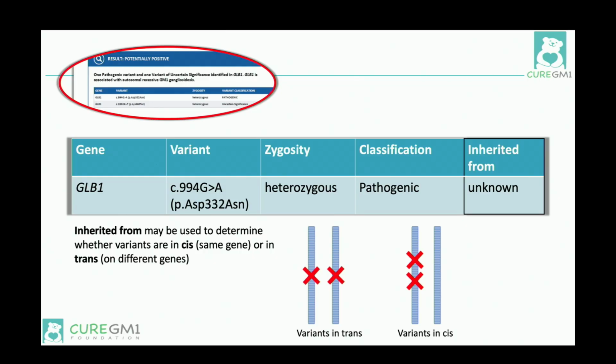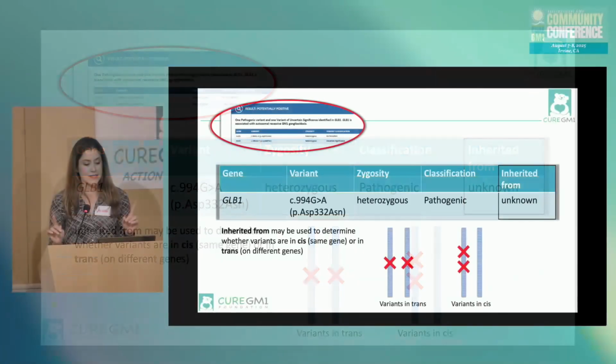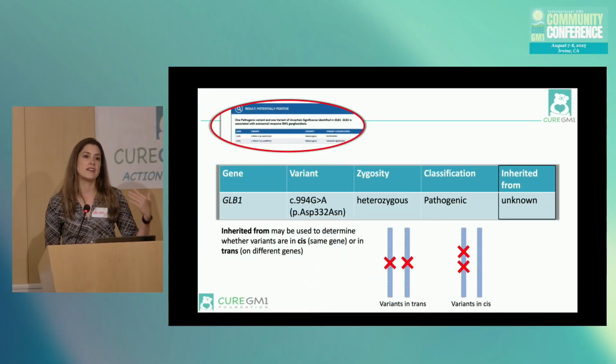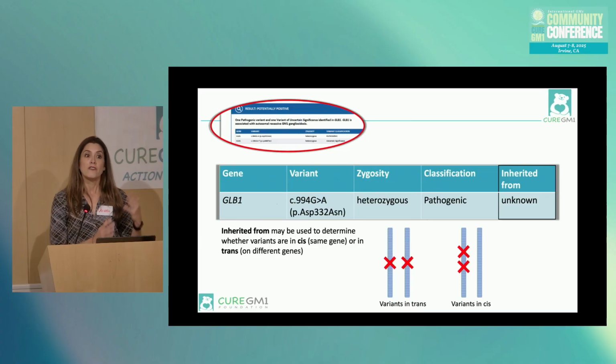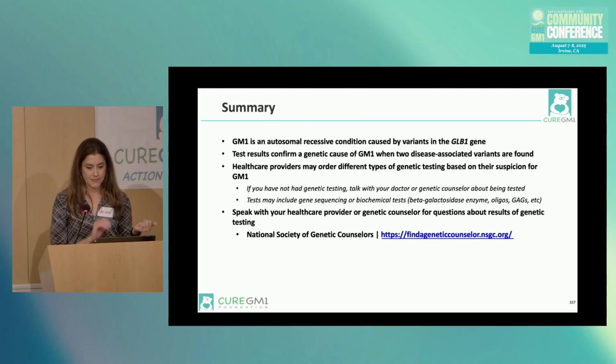So if it's located on the same gene, on the same chromosome, that's called in cis. If it's on 2 different ones, then that's called in trans. That can actually be helpful information. Testing the parents, testing family members can be helpful information for determining, is this a variant associated with disease or not?